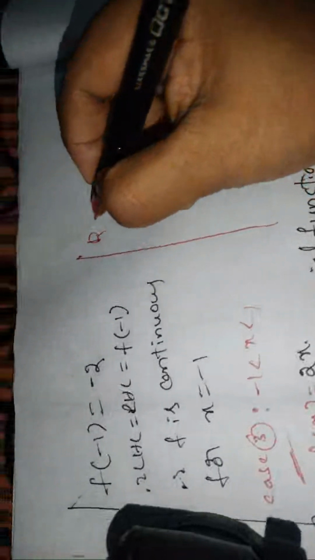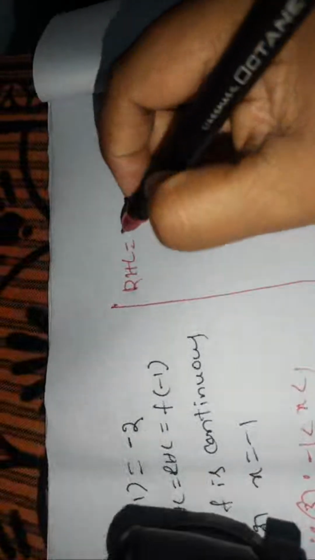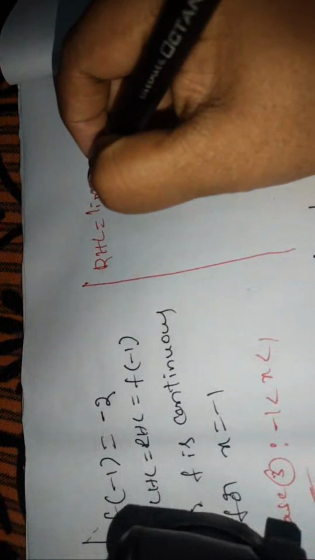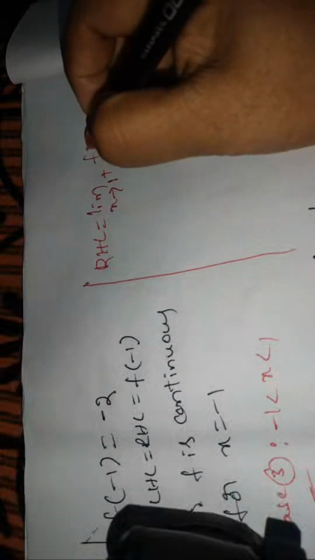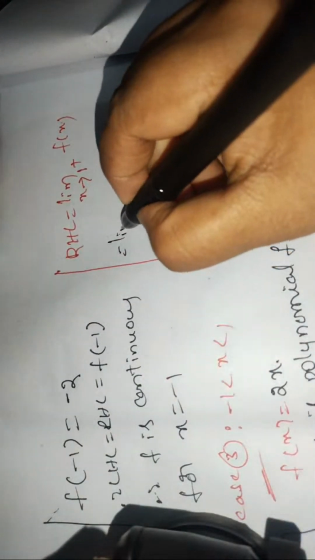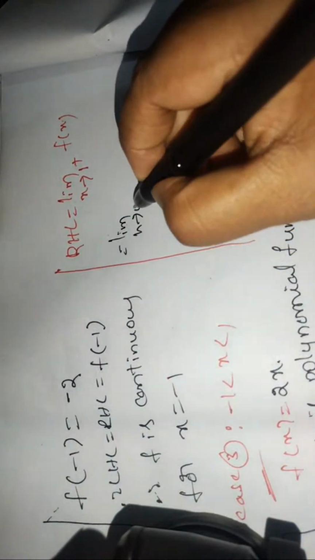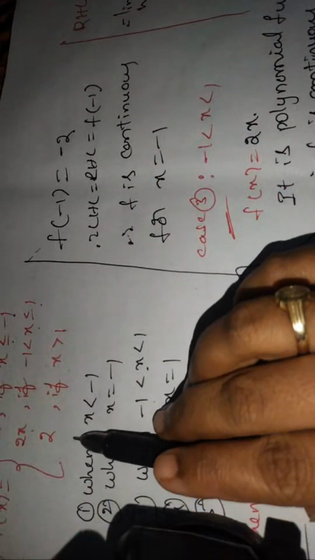Now I want to solve RHL. How can we write this RHL? Limit x tends to 1 plus of f of x. Now limit h tends to 0 of f of 1 plus h. So 1 plus means more than 1. What is the function? More than 1, the function is 2.